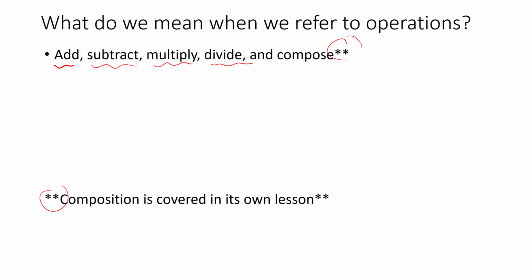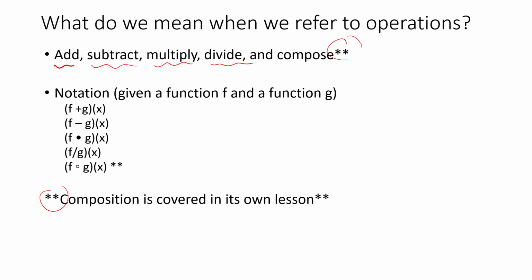All right, now that brings us to the notation, and I have belabored this in my own classes probably more than I should. Now, you have to be given a function f and a function g. If you remember from your introduction to what functions are, we name them often with these letters. So you have to be given what they are, and then you'll see this notation over here.